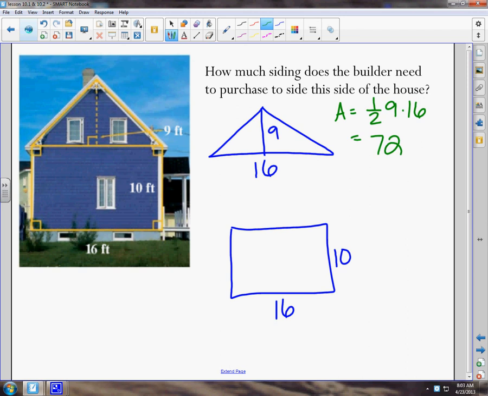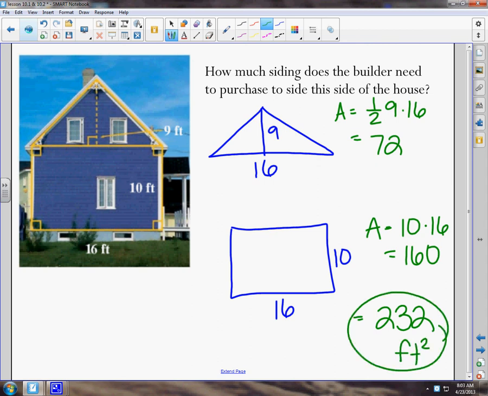And then I'm going to do my rectangle. 10 times 16 is 160. And then I add those two together. 160 plus 72 equals 232 square feet. So you would need to go to the store and buy 232 square feet of siding to make sure you had enough for that side of the house.